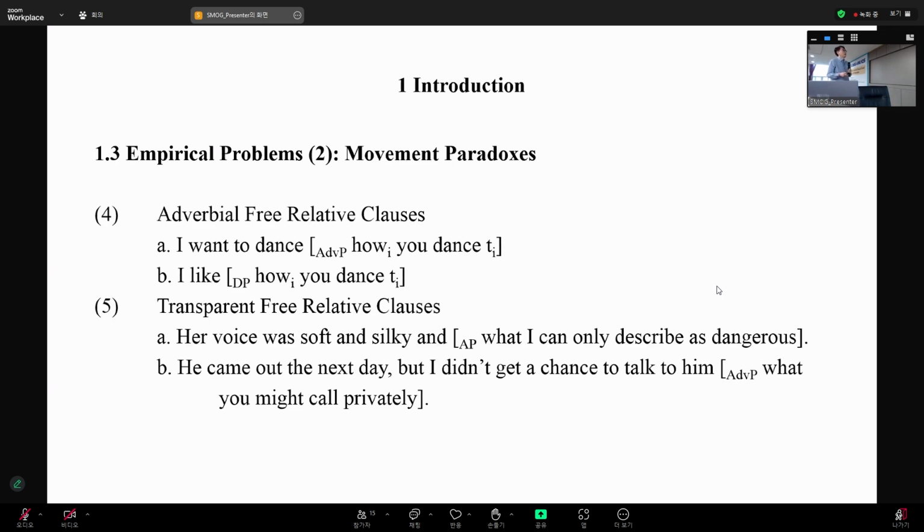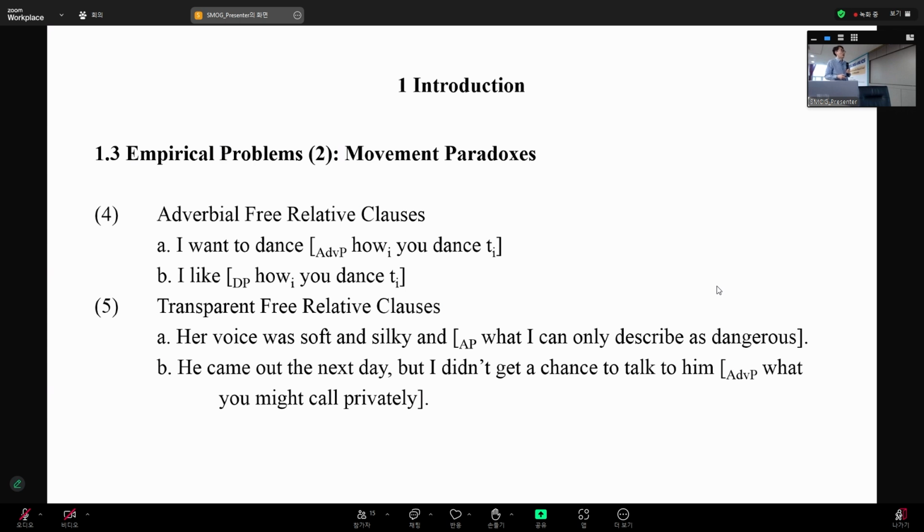And adverbial free relative clauses and transparent free relative clauses are also problematic, because I'm just showing in 4A how you dance. In here you have an adverbial phrase, but in 4B I like how you dance. And here how you dance is a DP because it must function as a complement to the verb. If how projects a label and if how you dance is an adverbial phrase, then there's no way to explain this pattern.